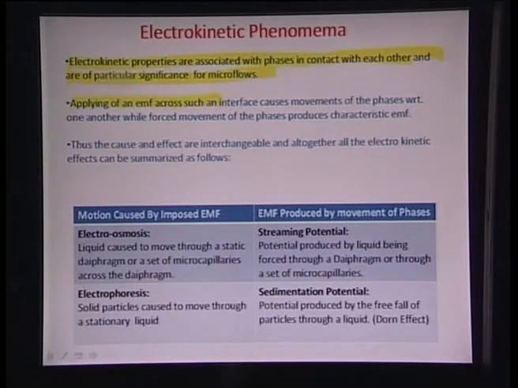Applying an EMF across such an interface causes movement of phases with respect to one another, while forced movement of phases produces a characteristic EMF. So, the cause and effect are really interchangeable, and altogether all the electrokinetic effects can be summarized either as motion caused by imposed EMF or EMF produced by the movement of phases.